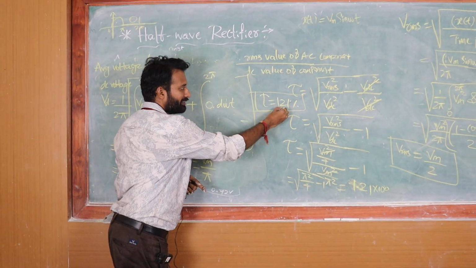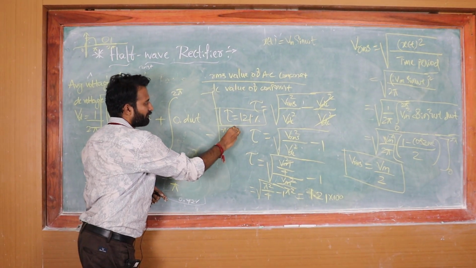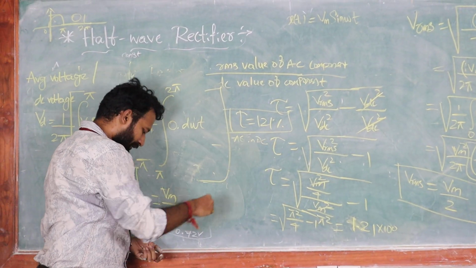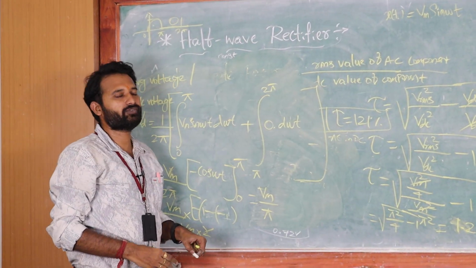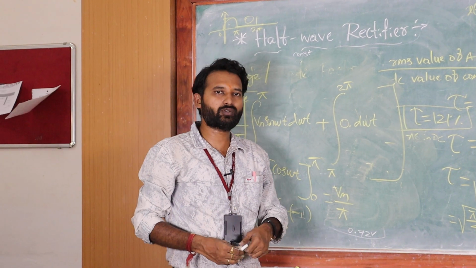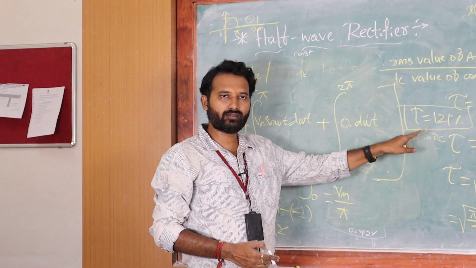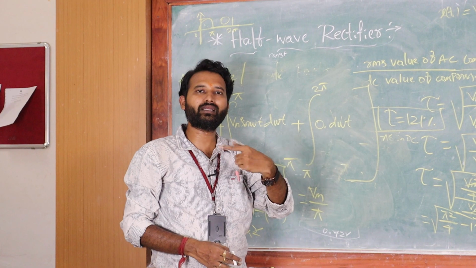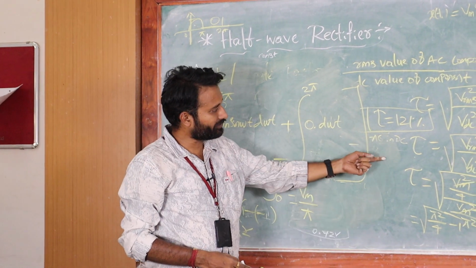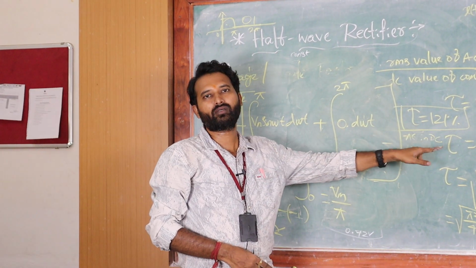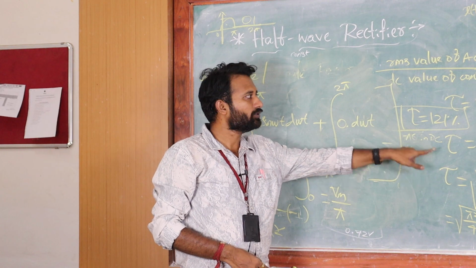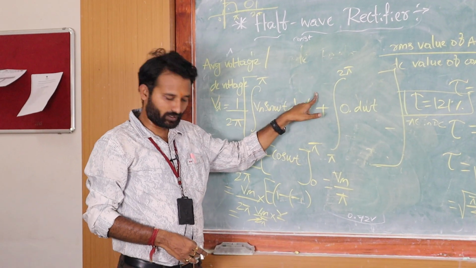How much? 121% of AC is present in DC. That's why a half-wave rectifier cannot be useful for the rectification process. Technically it cannot be useful for conversion of AC to DC. So this is all regarding the half-wave rectifier.